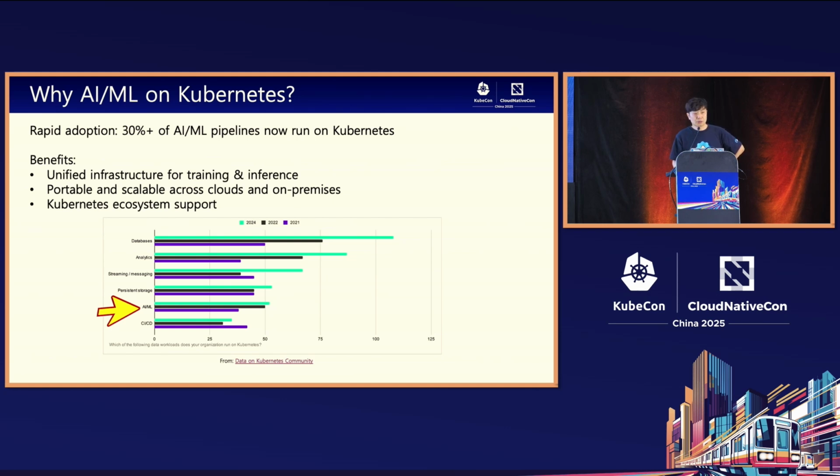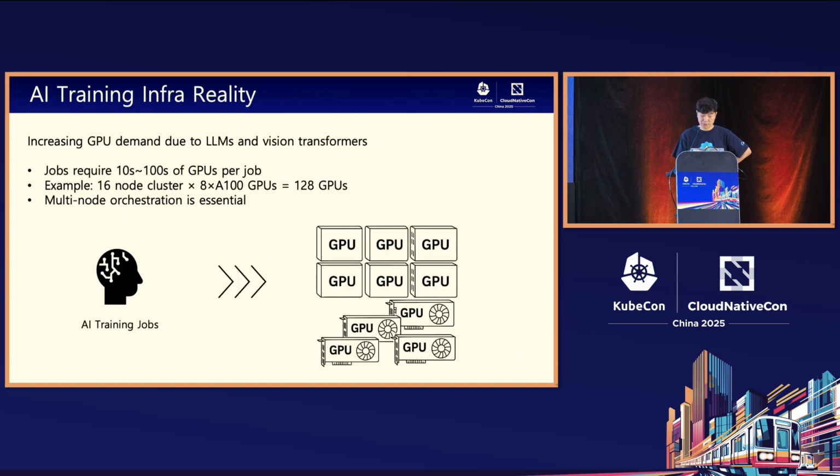The reasons: Kubernetes provides a unified infrastructure for AI training and inference, and thanks to its ecosystem, portability across environments, scalability and high availability can be supported. That's why we run AI on Kubernetes.